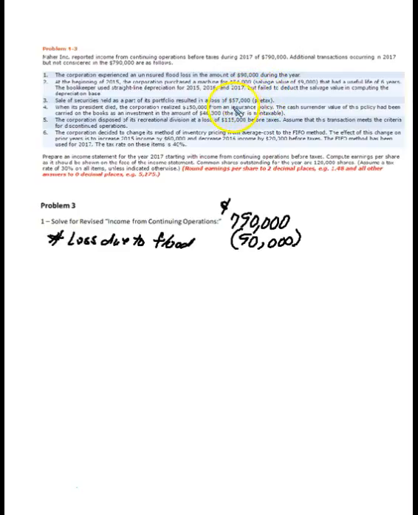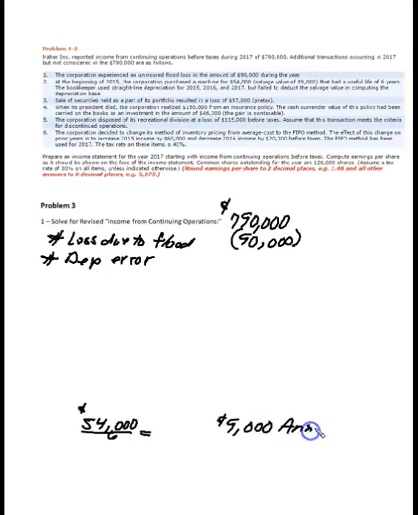So this is an error, a depreciation error, because they have miscalculated this. Let's go down and see what happened. What the bookkeeper did was take the $54,000 cost and divide by 6 years, and got an annual depreciation expense of $9,000.